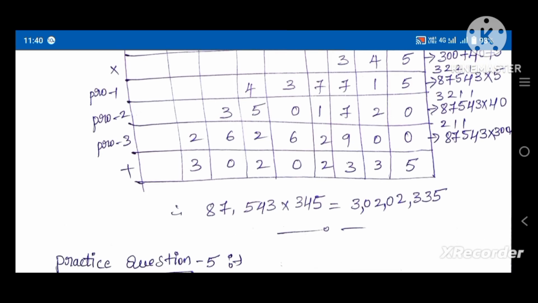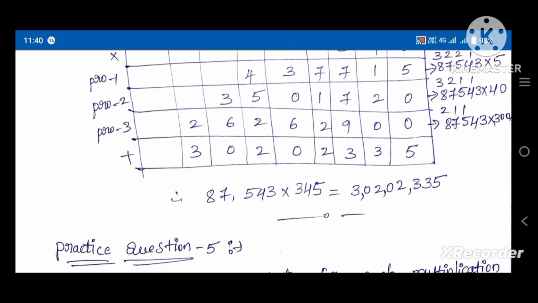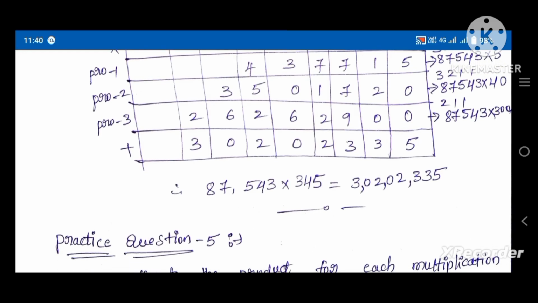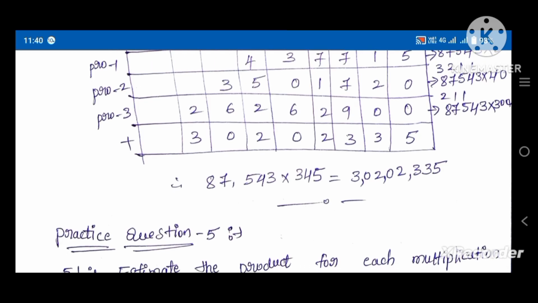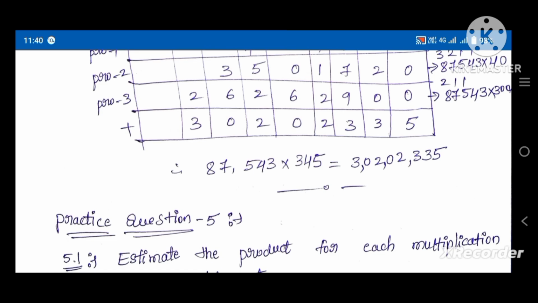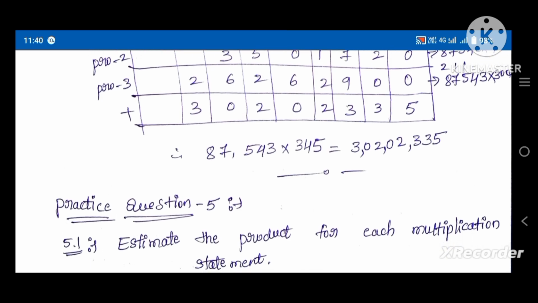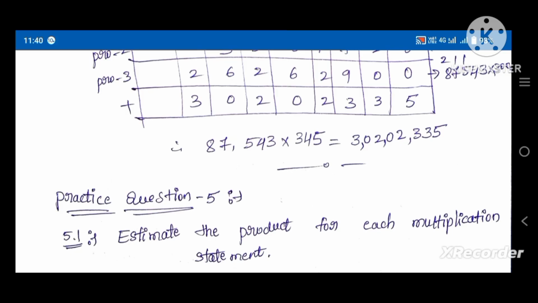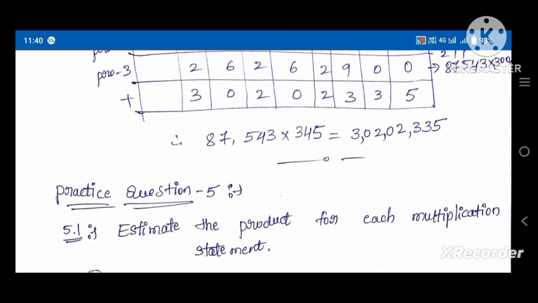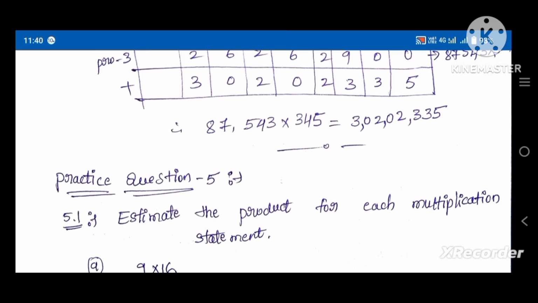Third product is 2,62,62,900. Add the three products. 3,02,02,335. Therefore, 87,543 into 345 is equal to 3,02,02,335.